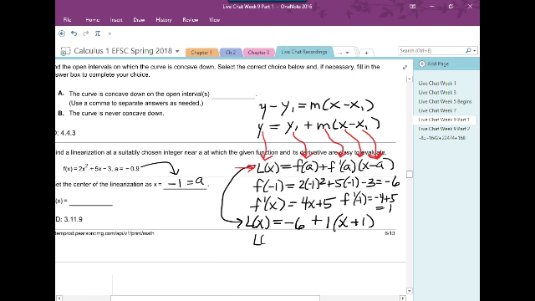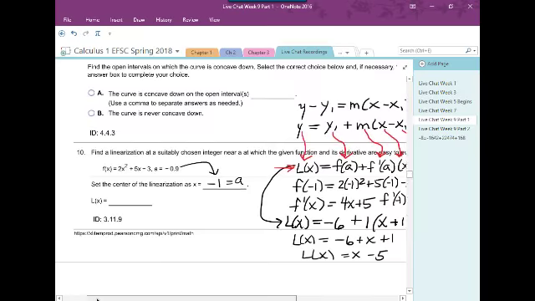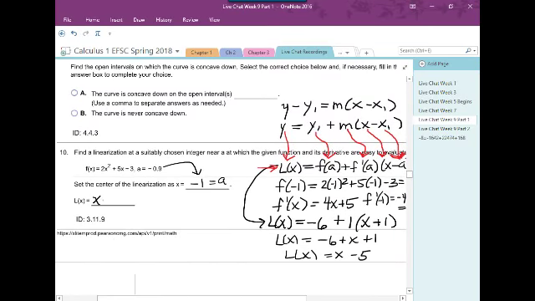So simplifying a bit, L of x is going to be -6 plus x plus 1, so L of x is going to be x minus 5. Okay, so what they're looking for here in this problem is just x minus 5.